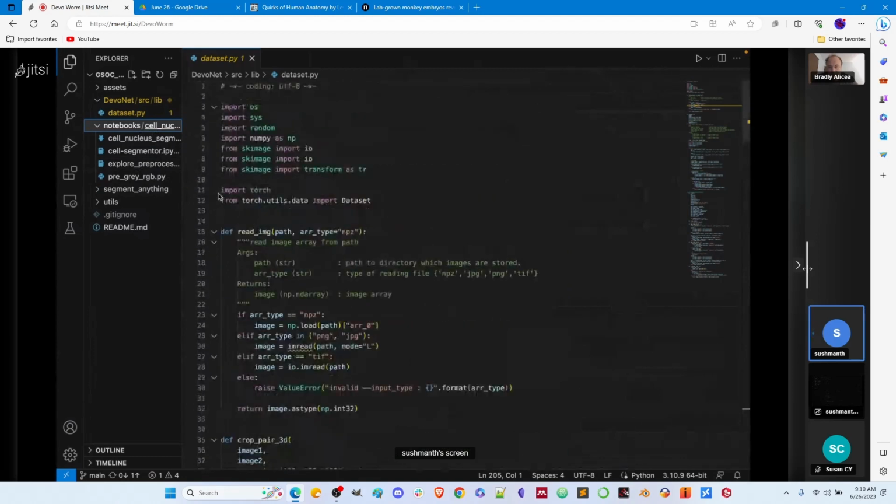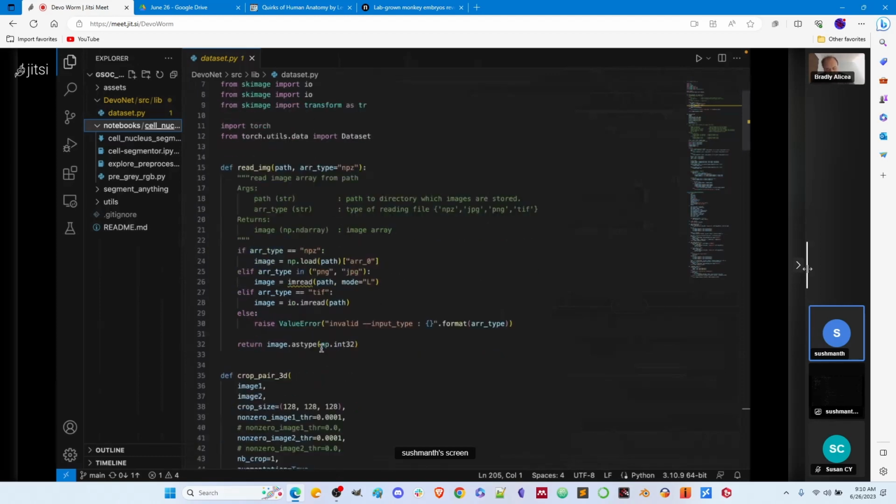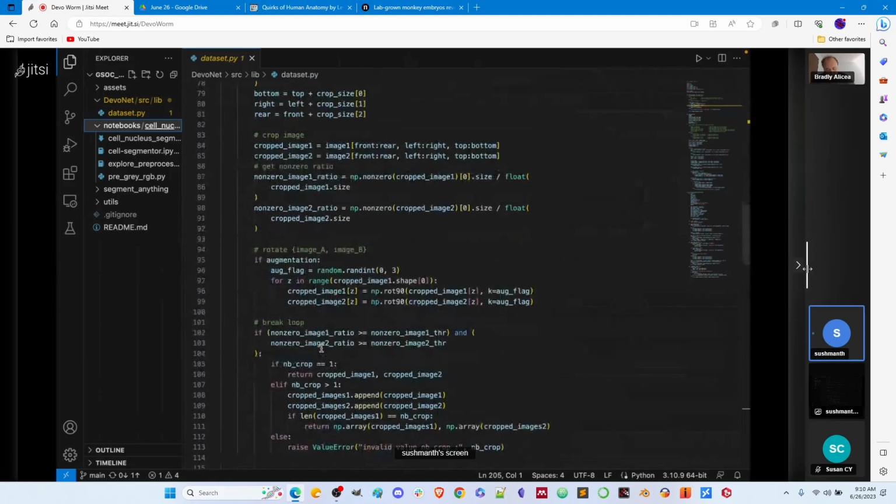This took me a while because I needed to understand what resolution they took in the microscopy. I needed to go through the whole dataset documentation to understand the microscopy resolution, and according to that, change the parameters here. I wrote this in PyTorch.